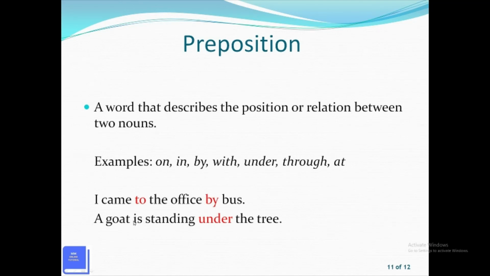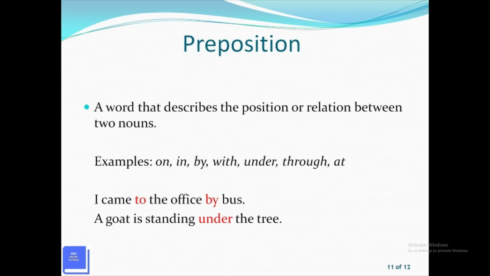A goat is standing under the tree. So under is here a preposition because it shows the relation between the two nouns, right? Where is the goat standing? The goat is standing under the tree. That's the reason it is called a preposition.